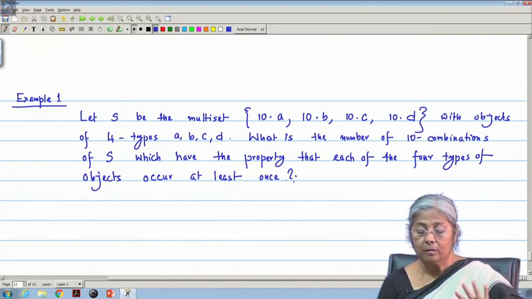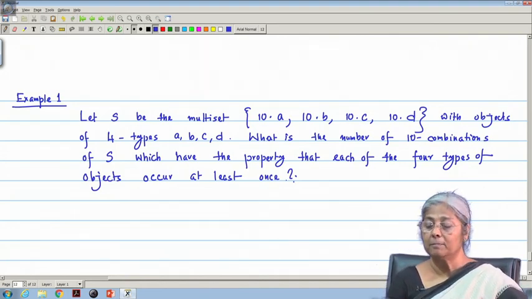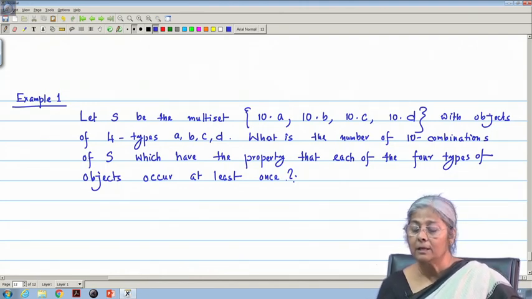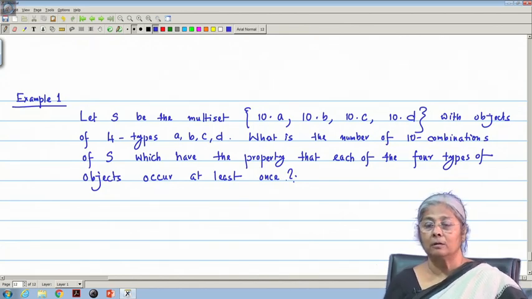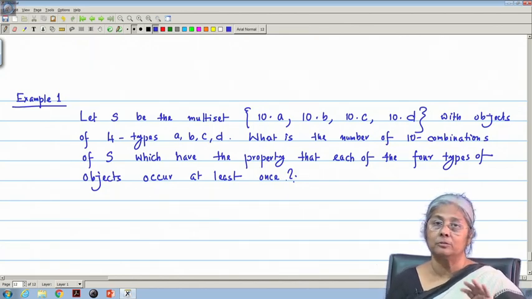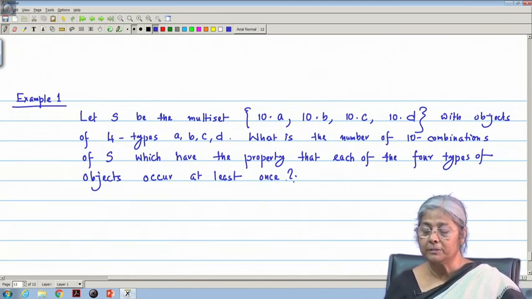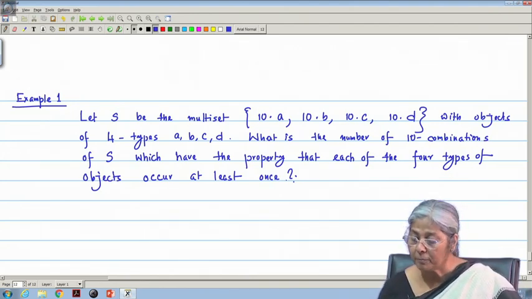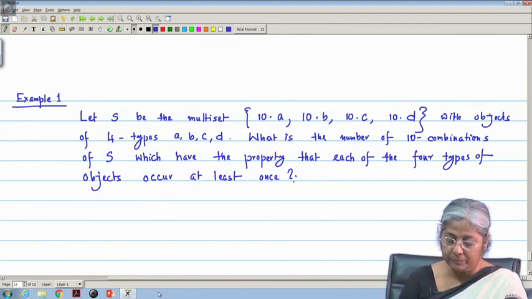Just like the theorem statement, here S is the multiset having 4 different types of objects ABCD, and each type of object appears with finite repetition, 10 repetitions. Now, what is the number of 10 combinations of S in which each of the 4 types of objects occurs at least once?